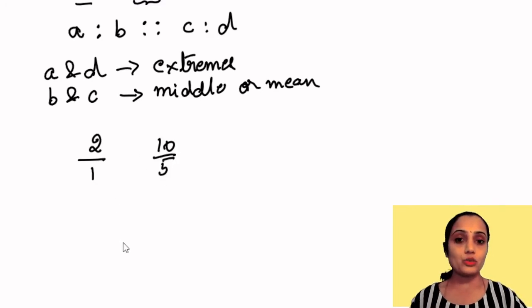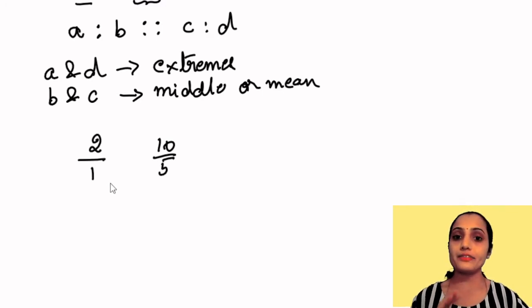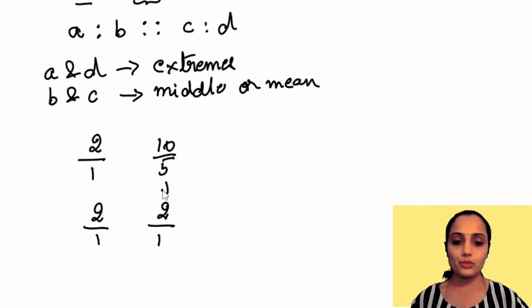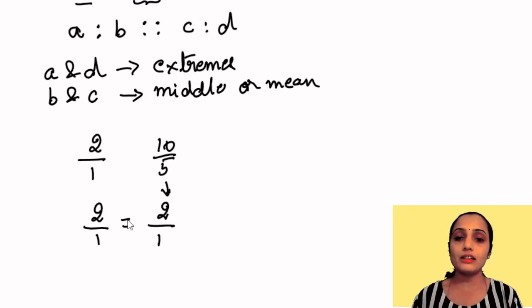Now if the two ratios are in proportion, then I can say that 2/1 and 10/5 have the same value. That is, when I reduce them, I get the same numbers again. This also gets reduced to 2/1. So I can write that these two fractions are equal to each other. It's just like the fractions that we have.